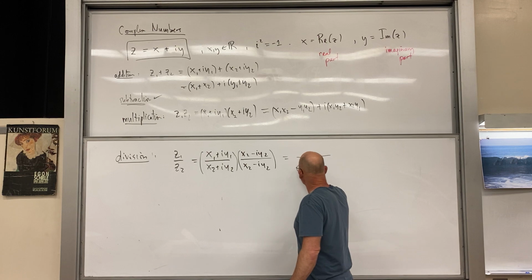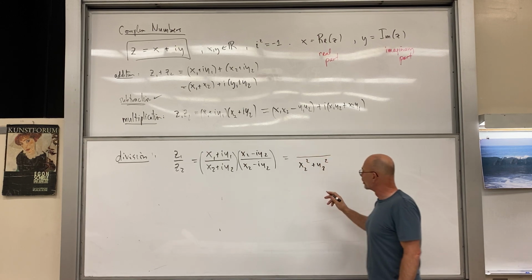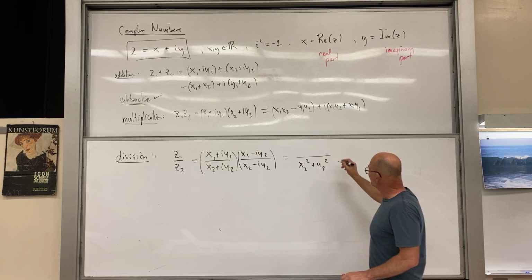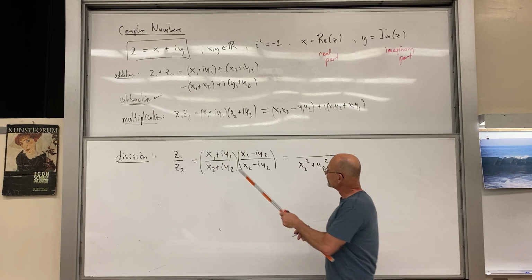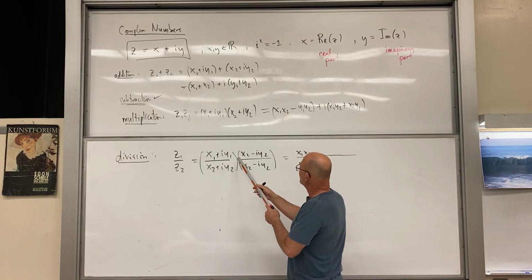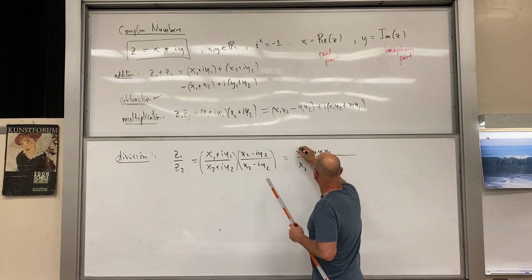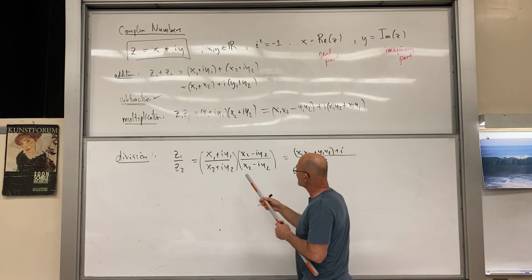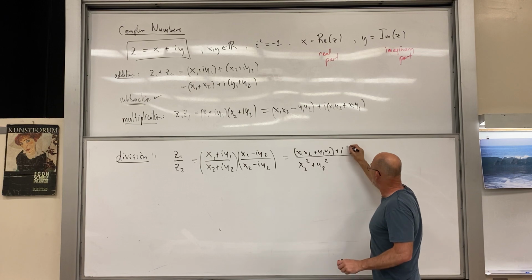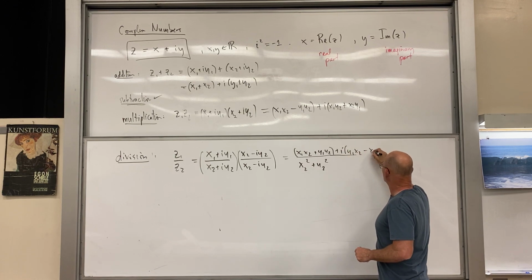So we're just getting x2 squared plus y2 squared, which is just a well-defined real number. And then in the numerator, we have x1 x2 plus y1 y2, and then plus i times y1 x2 minus x1 y2.